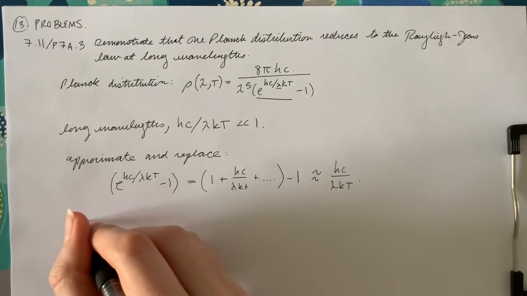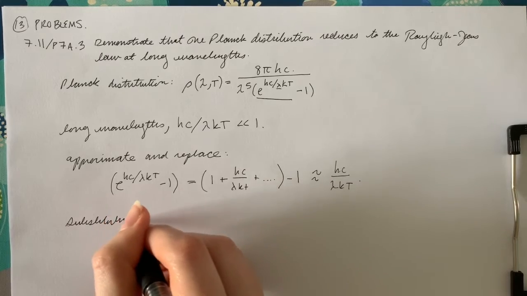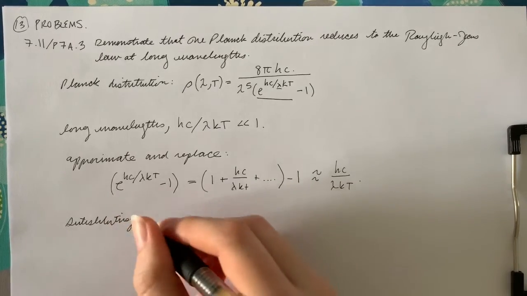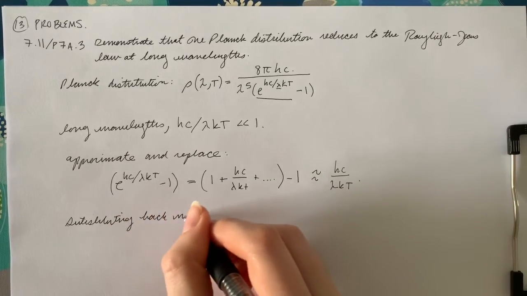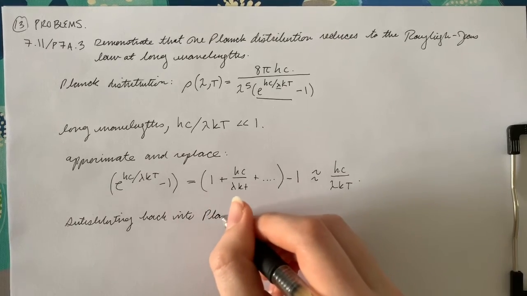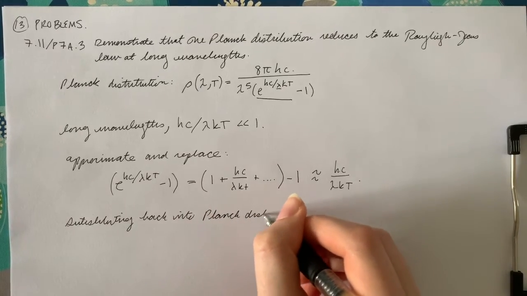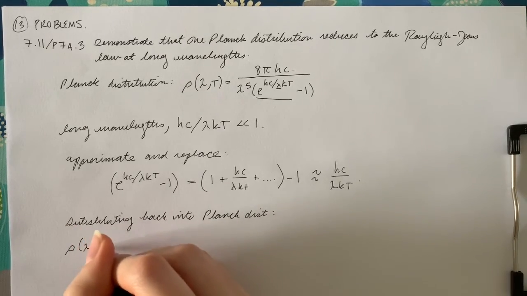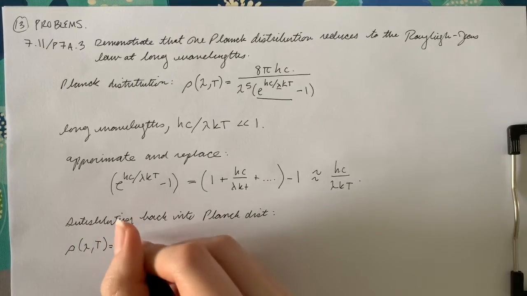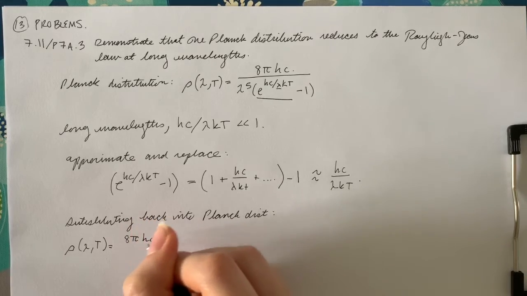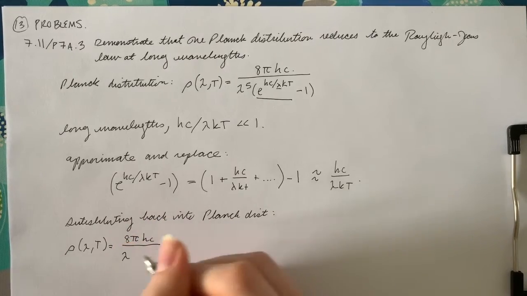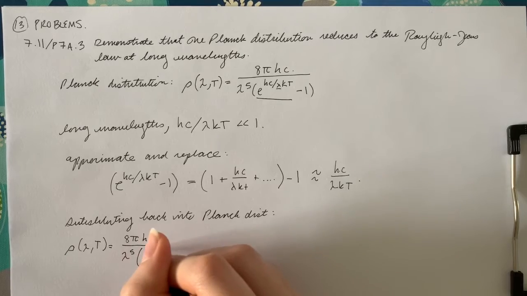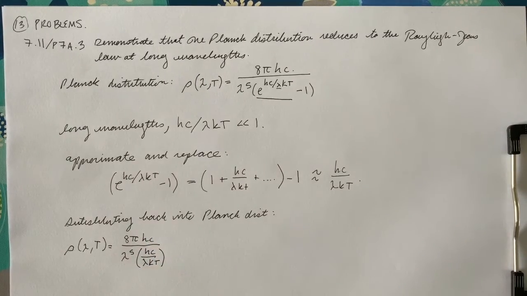So substituting back into the Planck distribution, we have 8 pi hc over wavelength to the fifth times hc over wavelength kT.